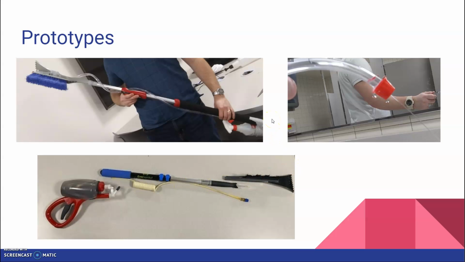Afterwards, we began to build a few prototypes. In the top picture at the left and the picture at the right, those show our first prototype and some of the features that were created in that prototype. This one was more of a rough prototype where we didn't think about all of the customer needs that were required, but mostly we were trying to obtain functionality out of this prototype.